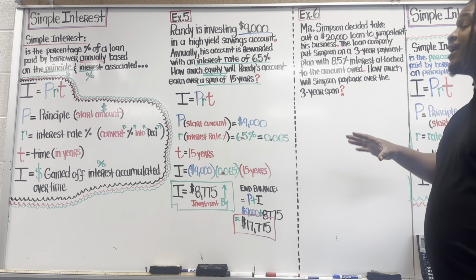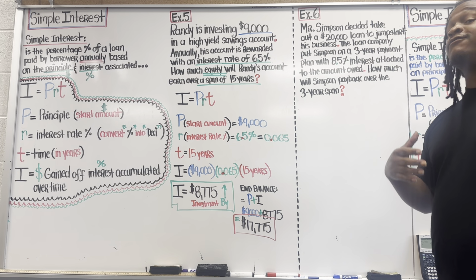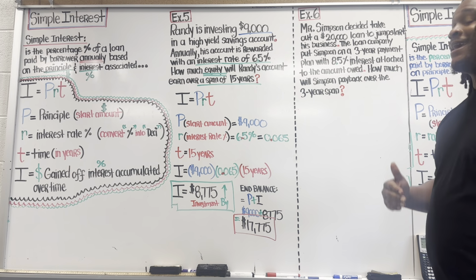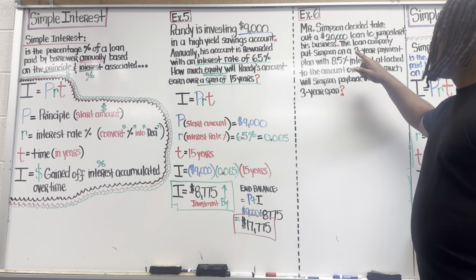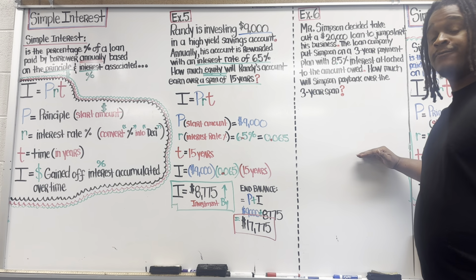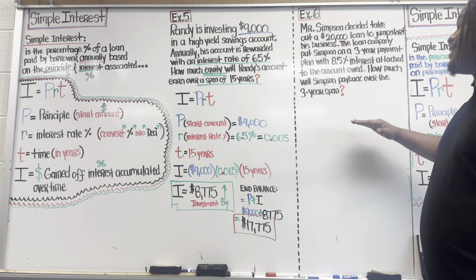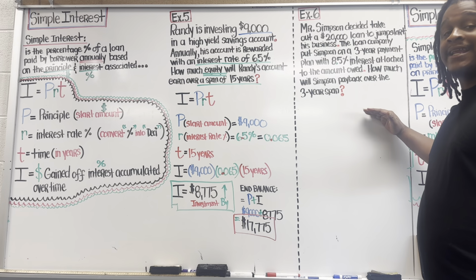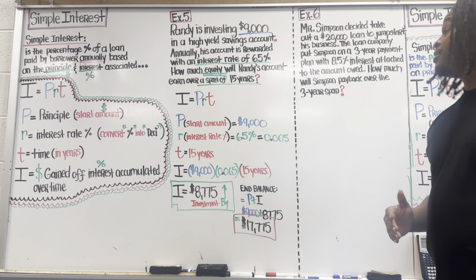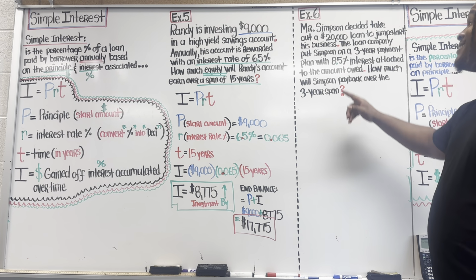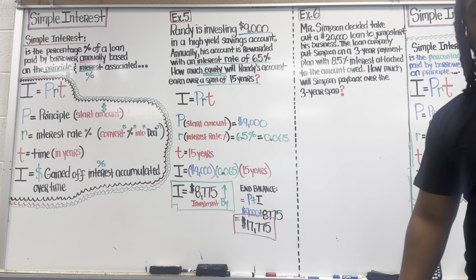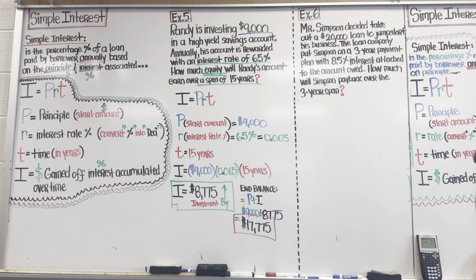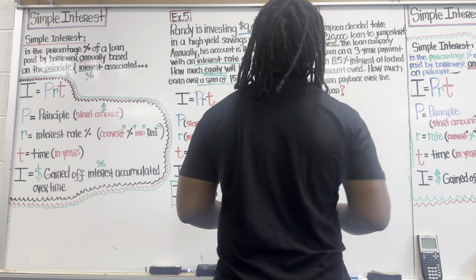So whatever number is 8.5% of 20,000, that's going to be added to the loan each and every year. So each year, 8.5% of 20,000 will be added to the amount that's owed. By the end of 3 years, he's not only going to pay $20,000 back, he's going to pay a little bit more than $20,000 back based on the interest rate that's attached or associated with the loan.